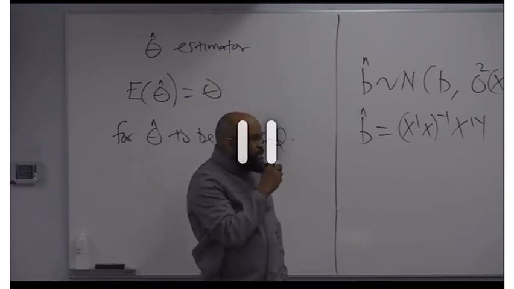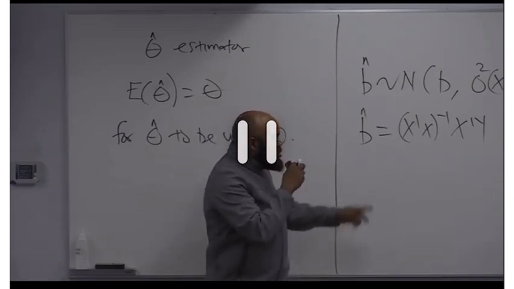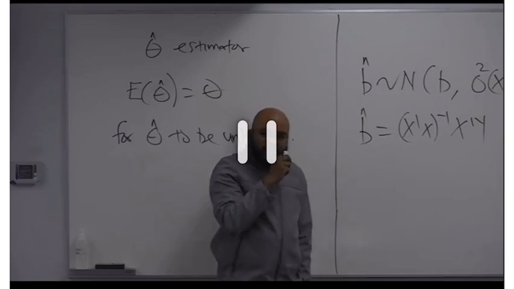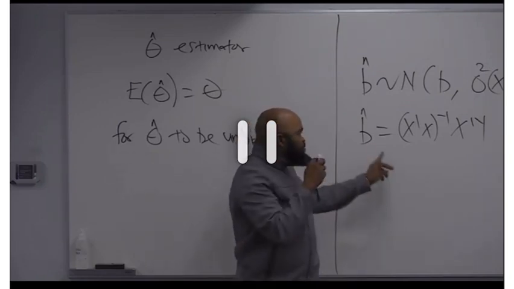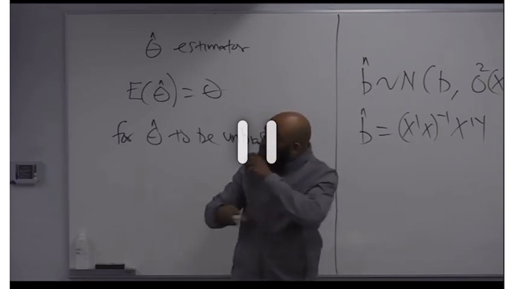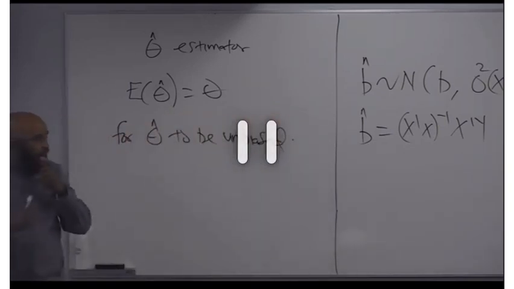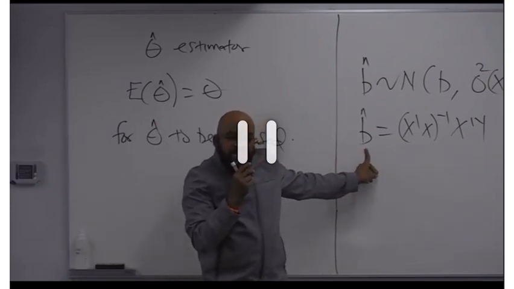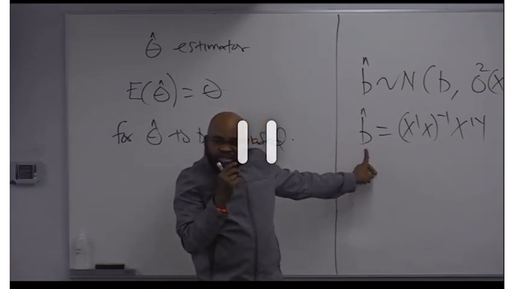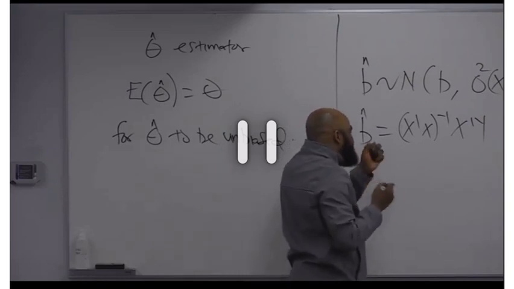Because of that, it's a random variable. Then if it's a random variable, we can find the average. What is the average of this? When the average exists, I can also find its variance. Does that make sense?